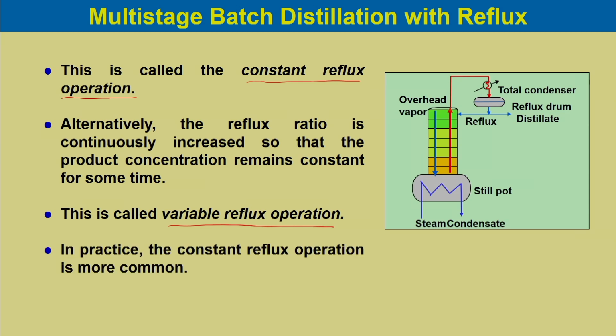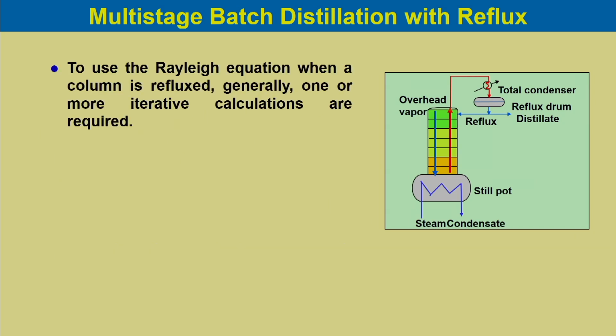So, in practice, constant reflux operation is the more common. Constant reflux ratio operation is much easier to operate, and that is most common in multi-stage batch distillation with reflux. To use the Rayleigh equation when a column is refluxed, generally one or more iterative calculations are required.